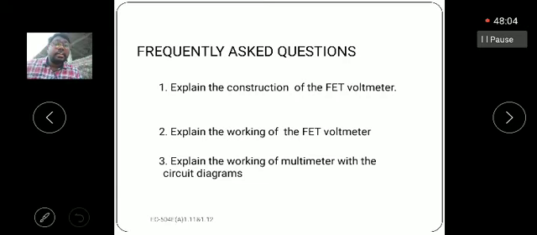The second one is the working of the FET voltmeter. From the working point of view, you have to draw the circuit diagram and discuss the working of three important sections: zero adjustment, calibration, and actual measurement. These three sections come under the working of the FET input voltmeter.